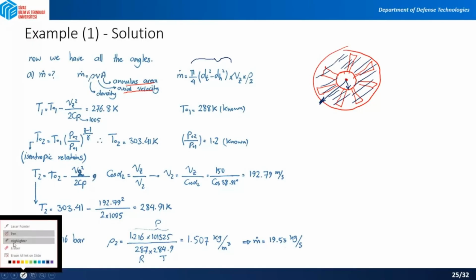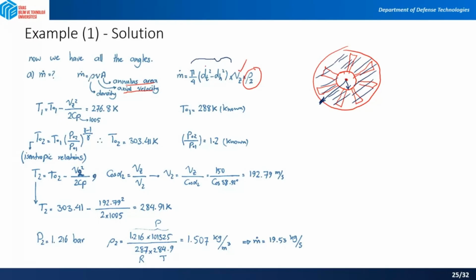So we calculate this mass flow rate like this. There is only one unknown in here, because you already know Vz, you already know your diameters. To find the rho, you have to do the aerothermodynamic analysis.